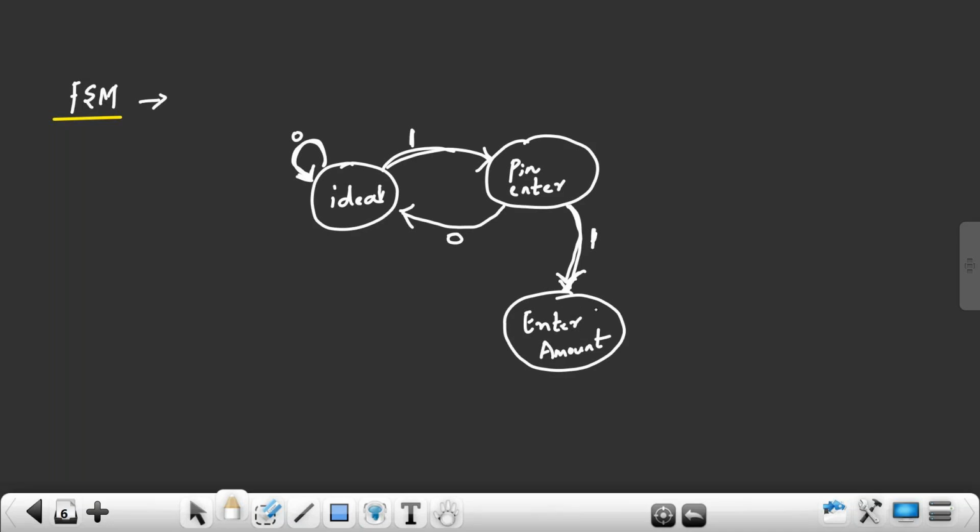I can enter 1 crore, but only if I have 1 crore balance. I cannot enter 5043 rupees either, so that is not valid. I should enter my amount only in multiples of hundreds or 500s. If the amount entered is valid, it goes to the next state. If invalid, it goes back to the idle state. If valid, it goes to the amount dispatch state.